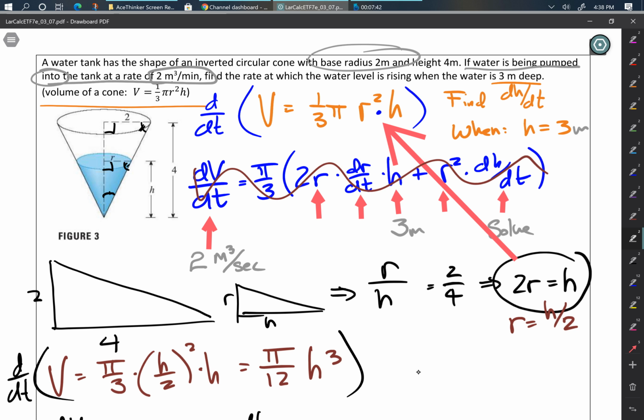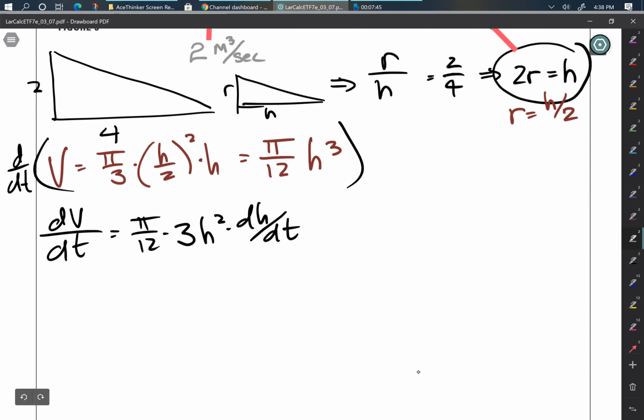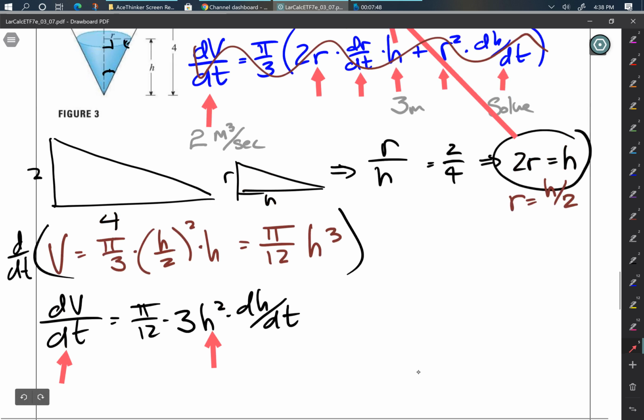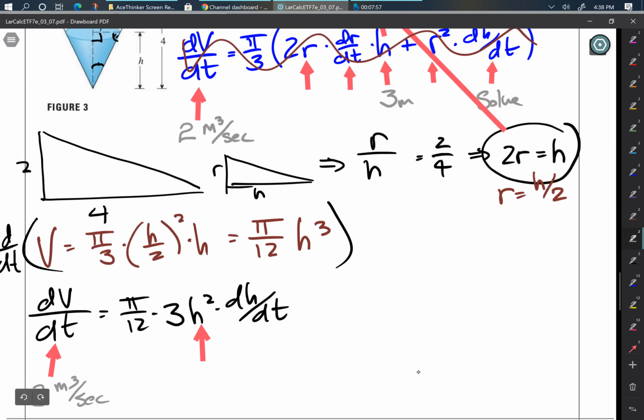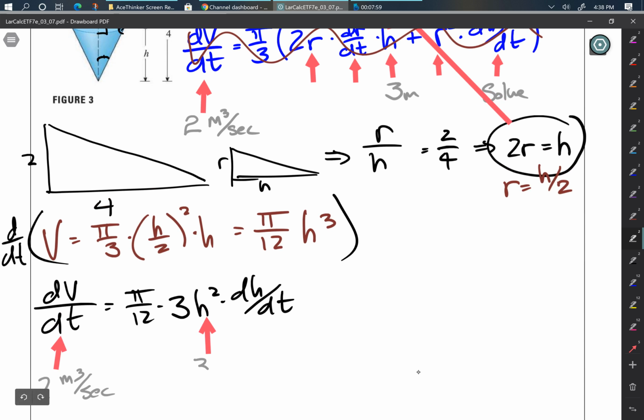Right? So now I can come down here and I can put in the values for the things that I know. I know that the volume is increasing at a rate of 2 cubic meters per second. I know that the height is 3 meters, and I know that I'm supposed to solve for dH/dt.